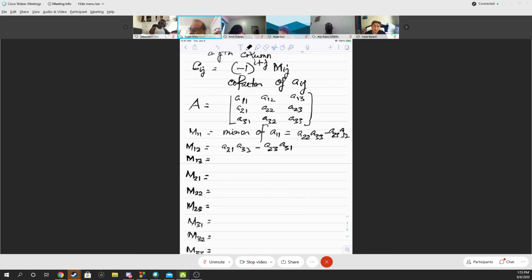For A13, what will you do? This row and column are out, and this block will be A21 A32 minus A22 A31. M21 is the minor of A21. Where does A21 occur? It occurs here.